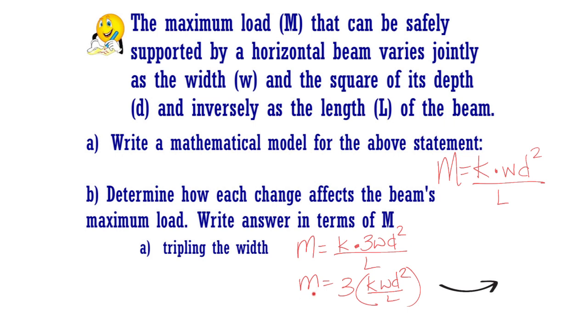But now your maximum load is 3 times what it used to be. Okay, so that's what they're asking. It says write your answer in terms of M. Well, I guess that would be 3M then. Or I kind of like it as a sentence, that it would be 3 times stronger, could hold more.